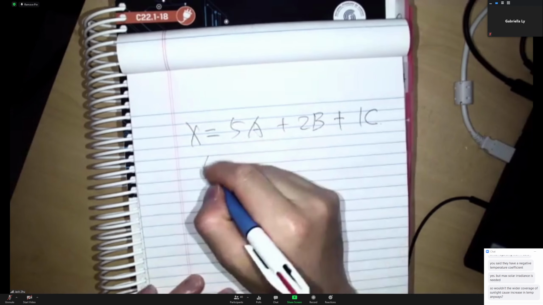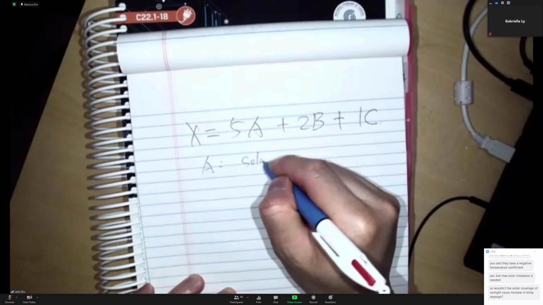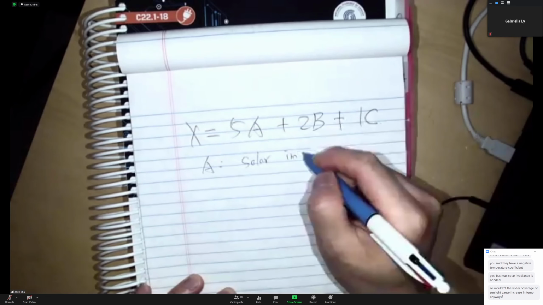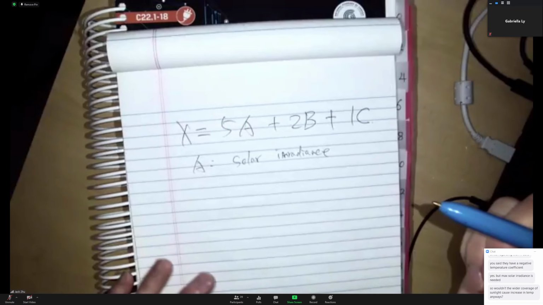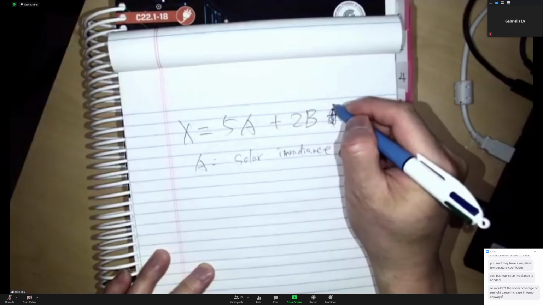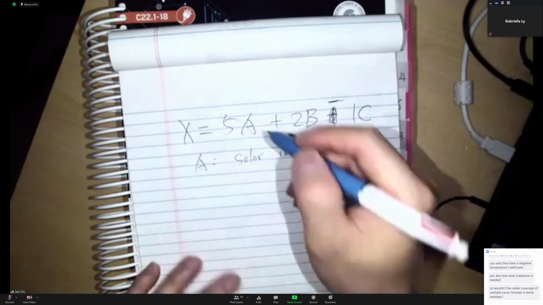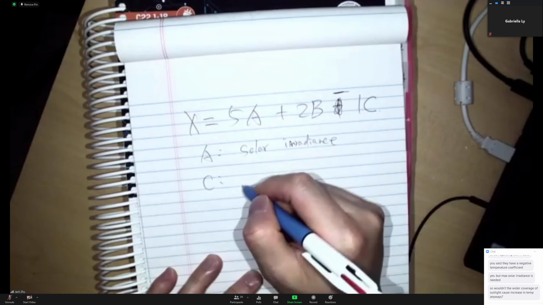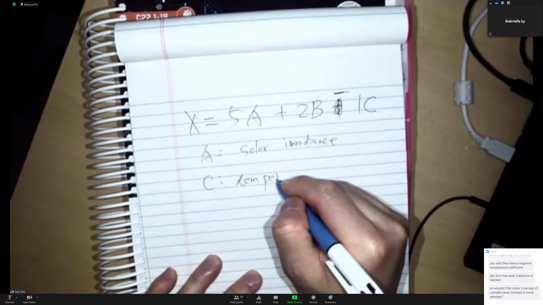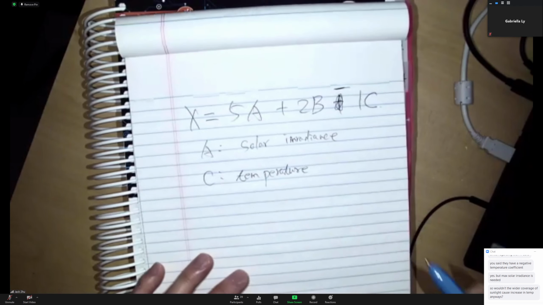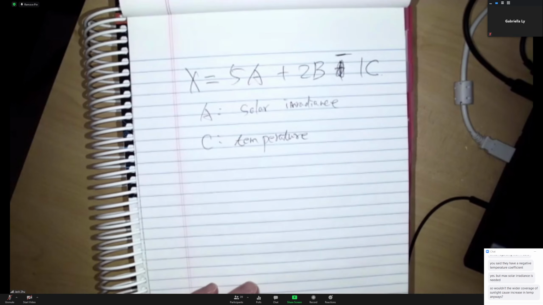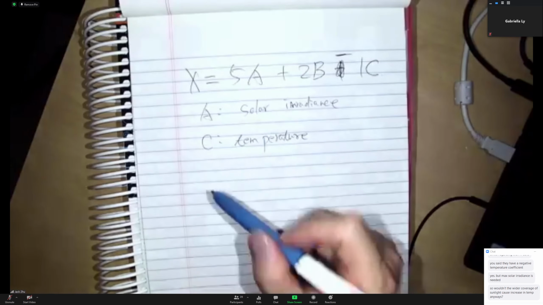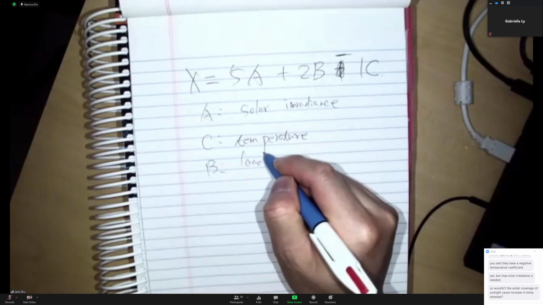So if A is the solar irradiance, let's subtract 1C, where C is the temperature. When you compare those things, let's say B is the load impedance.